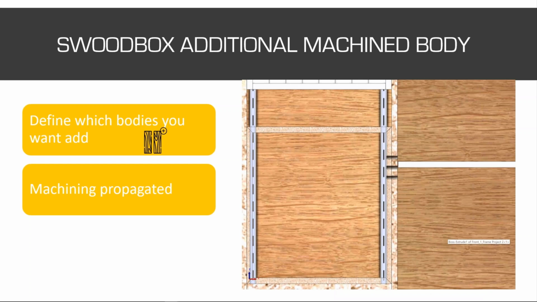Once I've selected my panel and exit this edit features, you can see that it will propagate all the different millings that you have created in the shells SWOODBOX onto the box on the left.